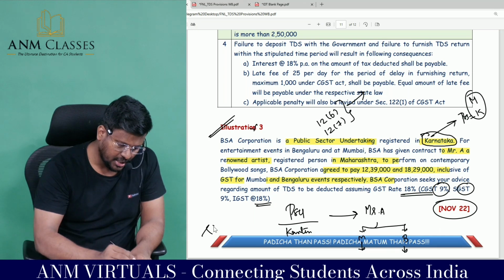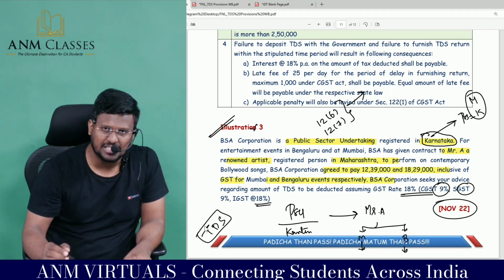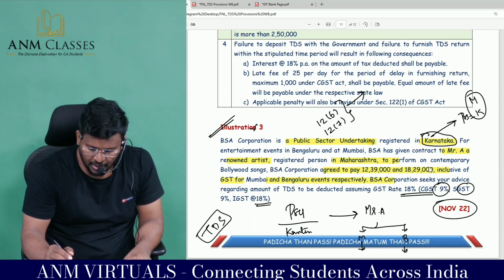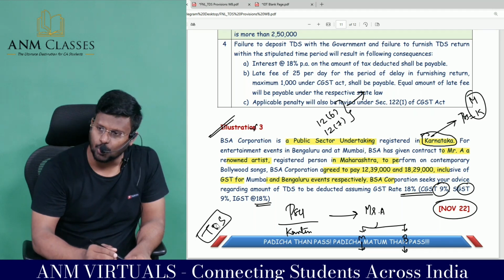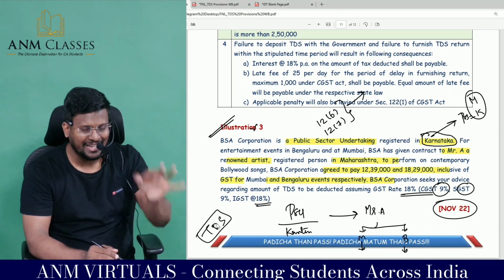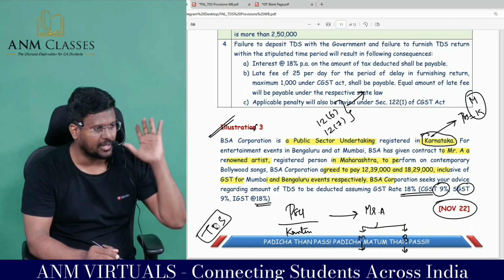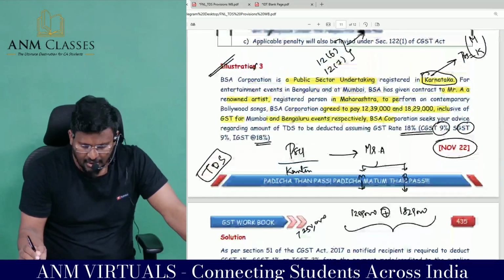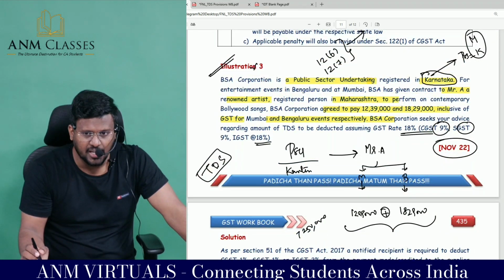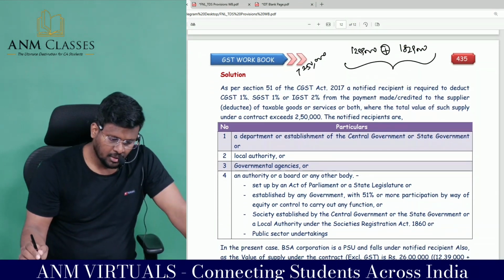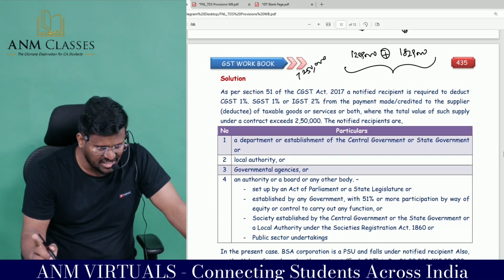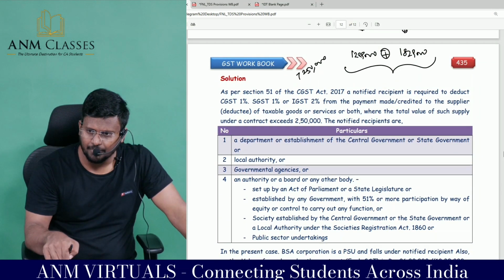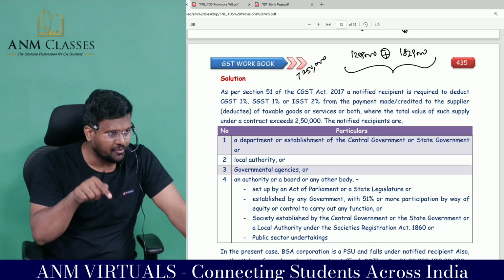You have to check: for TDS, is the supply a taxable supply of goods or services or both? Does the contract value exceed 2,50,000? Is the supply an intra-state supply or interstate supply? Proceed, no need to check anything else. TDS has to be deducted at 1% CGST and 1% SGST if it is intra-state, and 2% IGST if it is interstate.